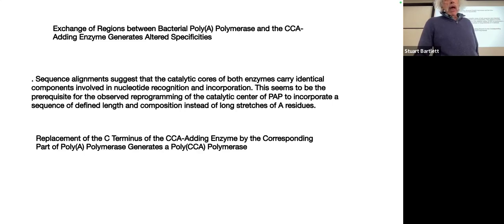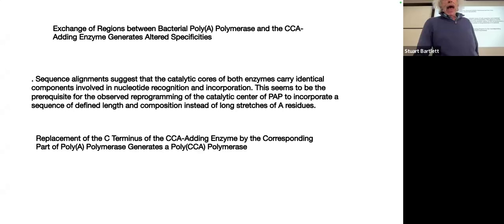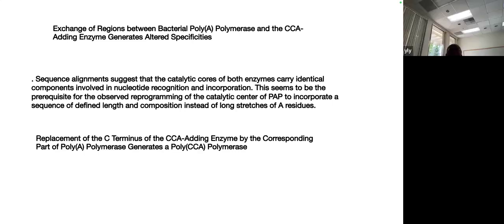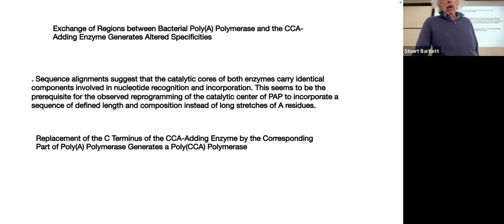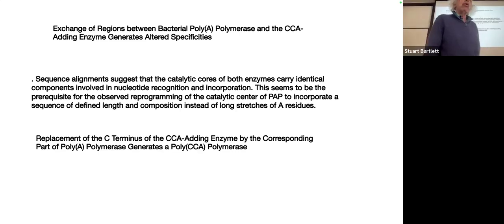This seems to be the prerequisite for the observed reprogramming of the catalytic order of PAP to incorporate sequences of defined length and composition instead of long stretches of A. And you can now replace the C terminus of the CCA enzyme by the corresponding part of the poly-A polymerase, which generates a poly-CCA polymerase. So you now can not only polymerize A and G, you can now polymerize triplets.